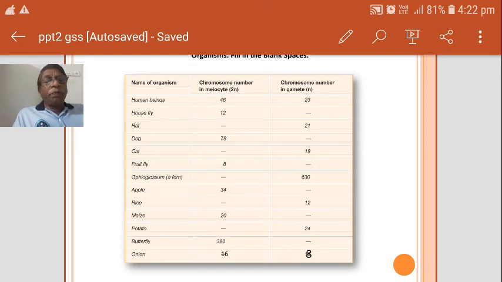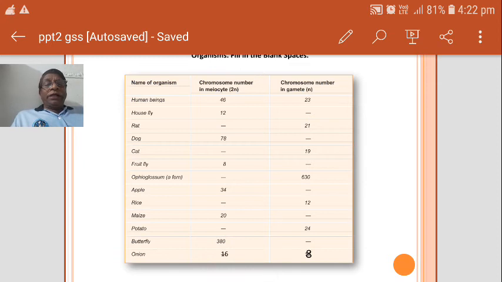In case of rice plant, the diploid number is 24. But the gametic number is 12. Only 12. What about in apple? In case of apple, the diploid cell or meiocyte contains 34 chromosomes. That is 2n equals 34.